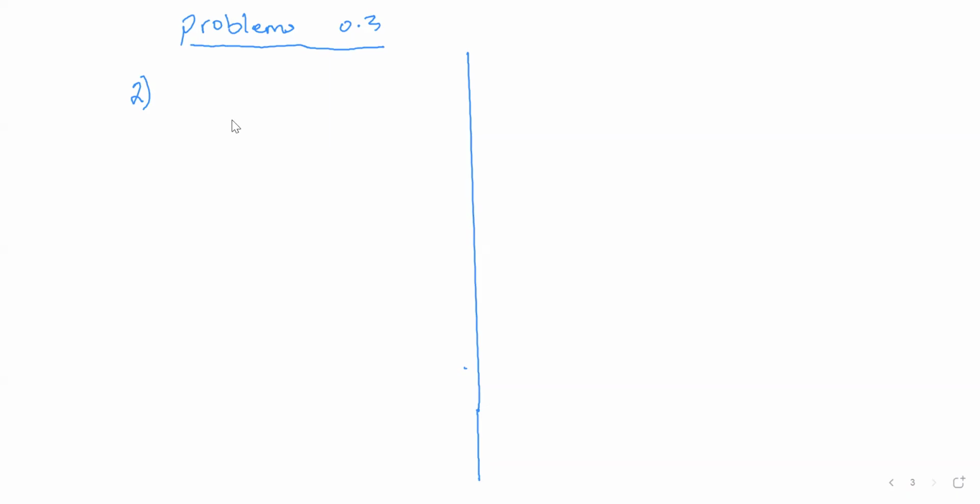The first one is x to the 6 times x to the 9, and we want to simplify. So our first law of exponents applies here. When you are multiplying two expressions with the same base, you can simplify by adding up their powers. So this just becomes x to the 6 plus 9, which is x to the 15. Quite straightforward. So that was number 2 of problem 0.3.